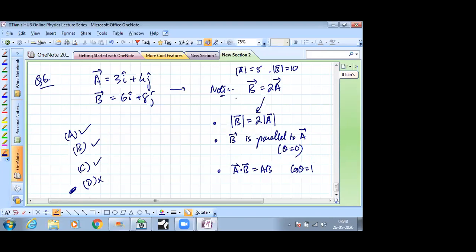So just the observation of this fact would have made life much easier, because then directly you can see A, B, C are correct and D is wrong. If you had not made this observation first, what would you have had to do? We would have had to actually check each of the options. So hope you are getting my point, all of you, from this.